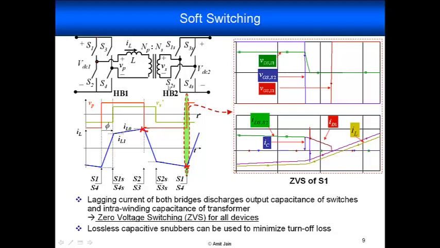So for the transition for S1, we have to look at this current vertex, and for the transition for S3, we have to look at this current vertex here. Okay, so that's as far as the soft switching details go.